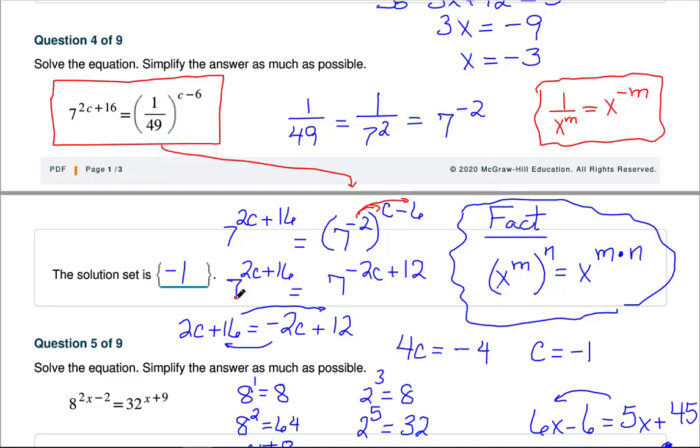All right, so at that point, the bases are the same, therefore the exponents must be equal. I'm going to move the minus 2c to the left. 2c plus 2c is 4c. I'm going to move the 16 to the right. 12 minus 16 is minus 4. And then divide both sides by 4. And so c is minus 1.